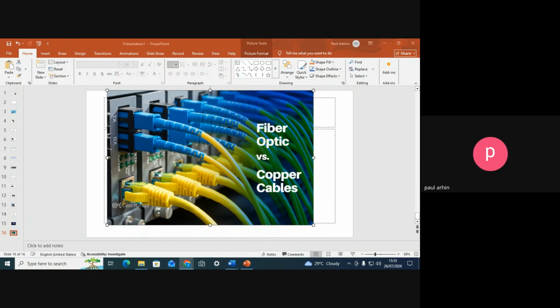Any type of cable can be used, depending on the type of equipment or the machines which are at work. For example, if you are connecting these microwave radio antennas that are carrying radio frequencies, most often they use the coaxial cable.